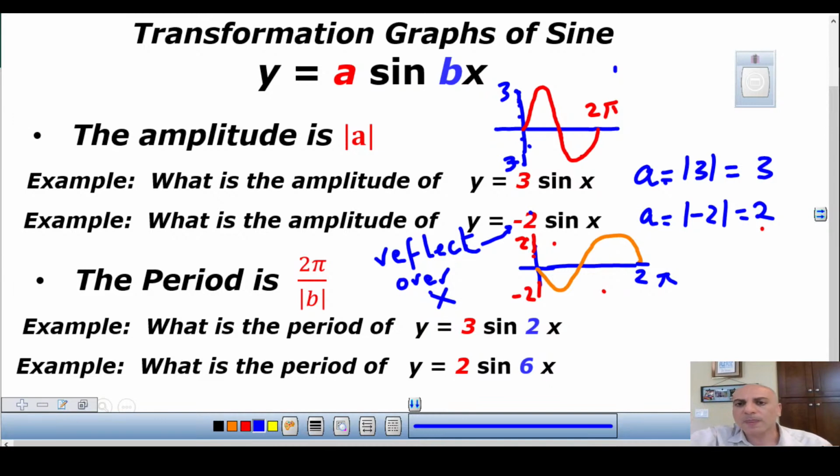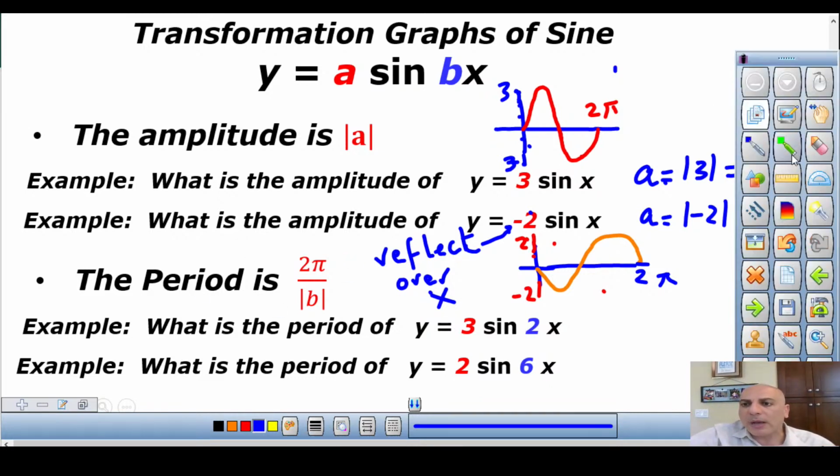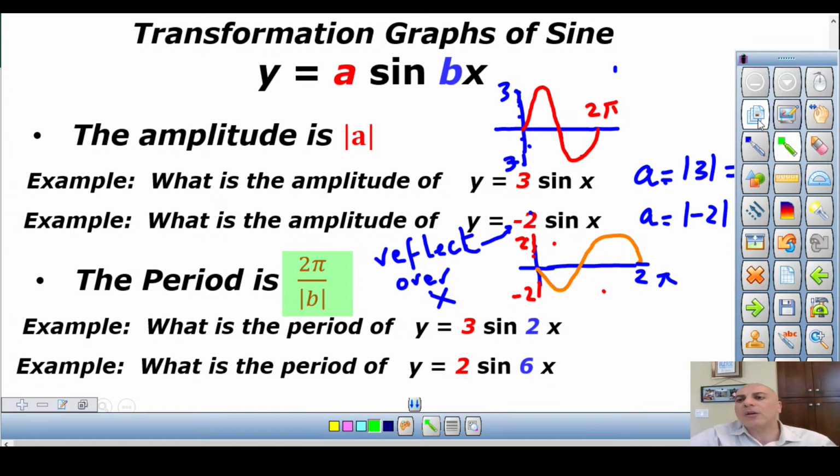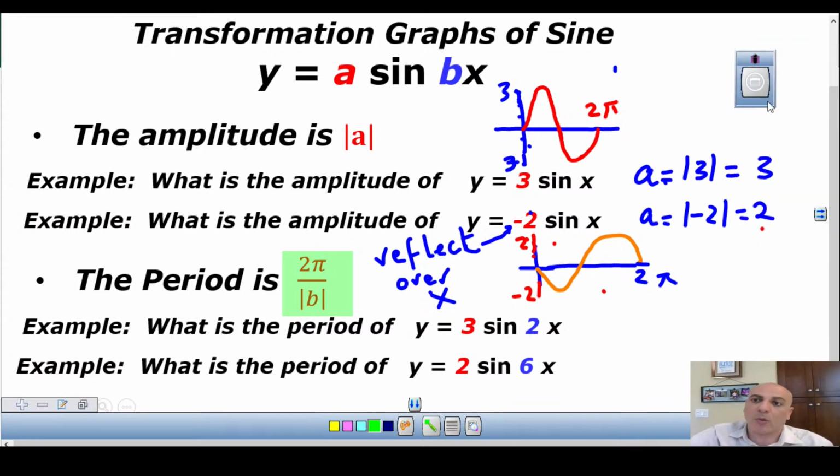So it does give you here a very important formula. I'm highlighting it for you right now. This one here, oh, important. You find the period by putting 2 pi divided by the absolute value of that b.